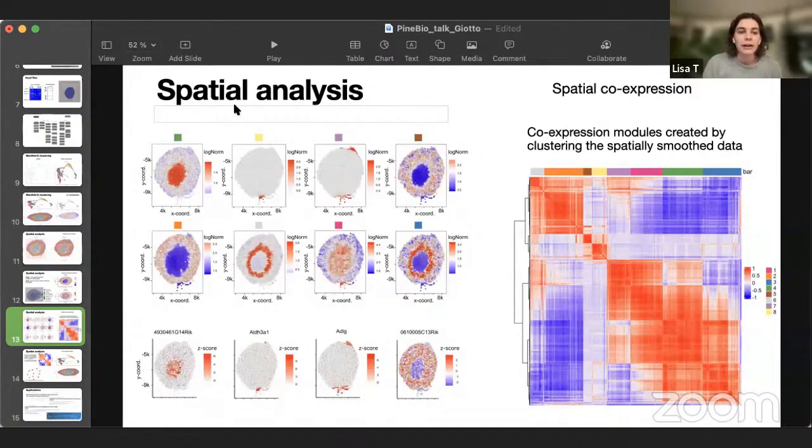And here is the expression of the metagenes on our tissue. You can see that they all have different patterns of expression. Some are specific to the inner medulla, some are specific to the outer medulla, and some are specific, well, not quite, because here it's a mixture of cells really, but they're specific to the cortex. And we can go from the metagene level to the single gene level if we want to.